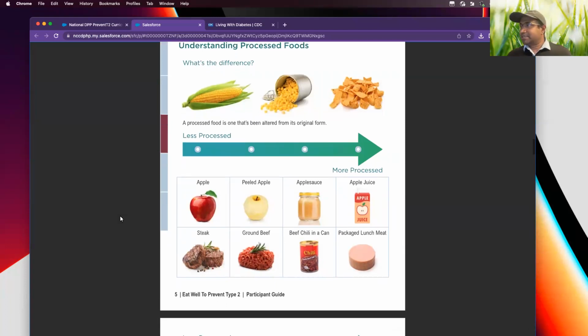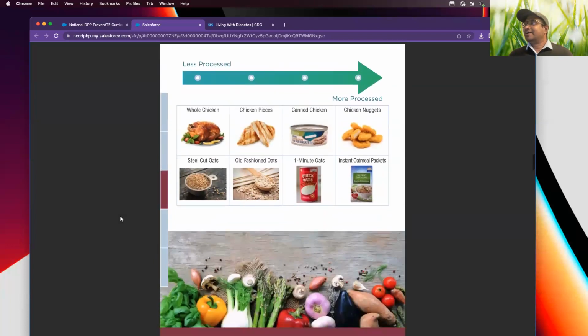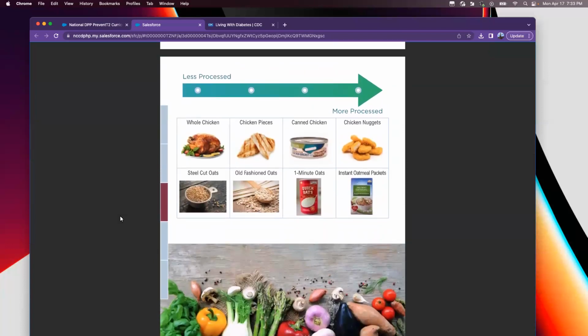I think we can skip the steak section. The less processed ones: you have whole chicken pieces, canned chicken, and chicken nuggets.